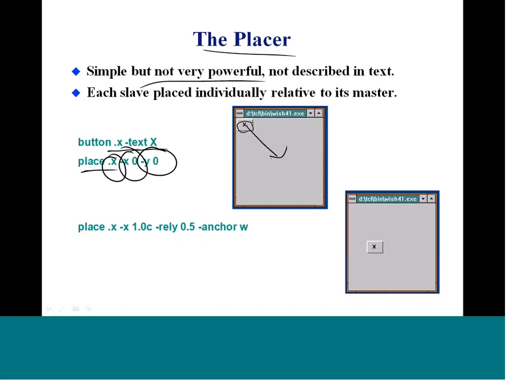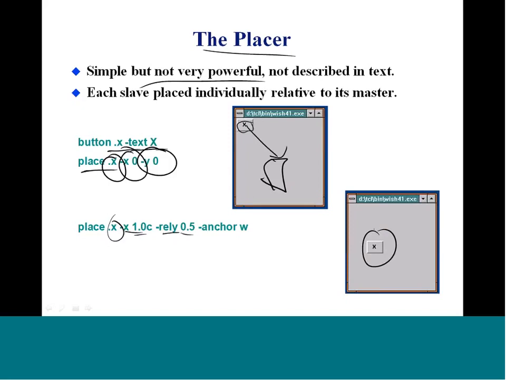Now we can move this to the middle or somewhere else just by issuing another place command. Again we place .x. In the X direction it is 1 centimeter, and then relative Y is 0.5.